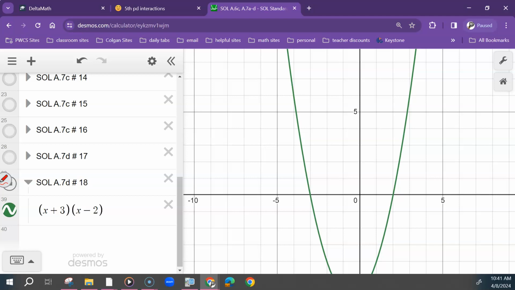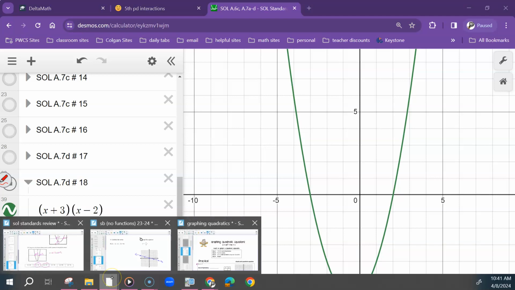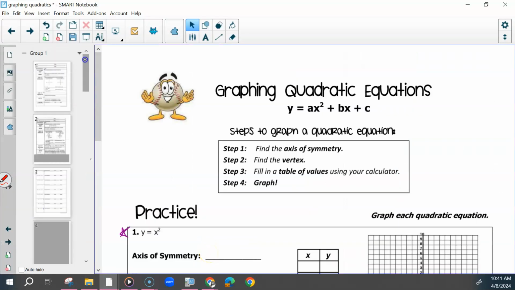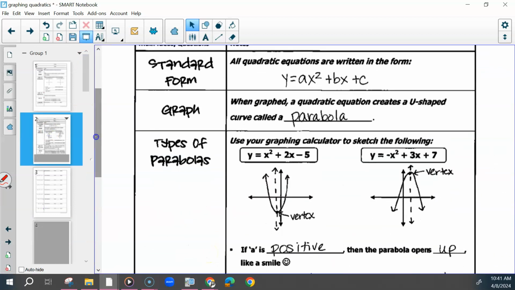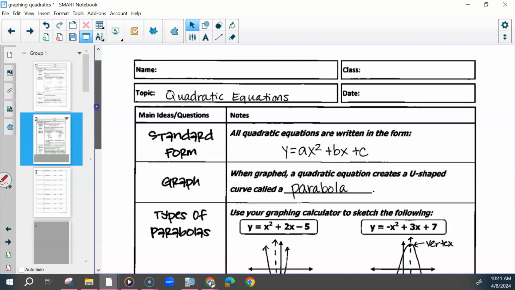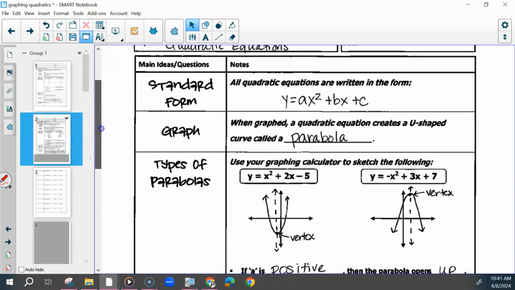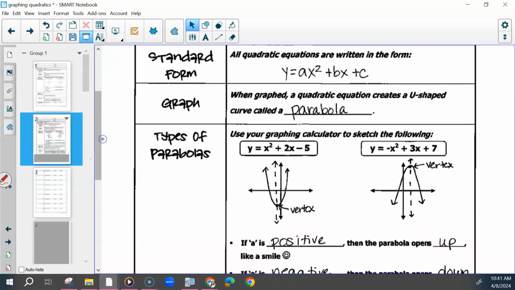Prior to the bell ringing, I need you to write this down on the notes that you have. Standard form. So as you're writing, I'm just going to talk through some of this stuff. We ended our Unit 9 stuff. Now we're talking about Unit 10 stuff, which is quadratics.